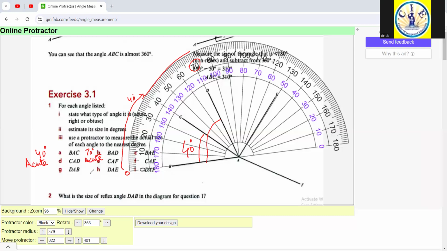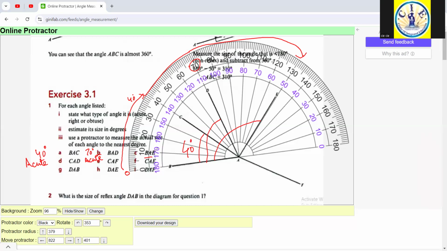Now angle BAE, this angle is greater than 90 degrees but lesser than 180 degrees, and it is going till here, almost 130 degrees.